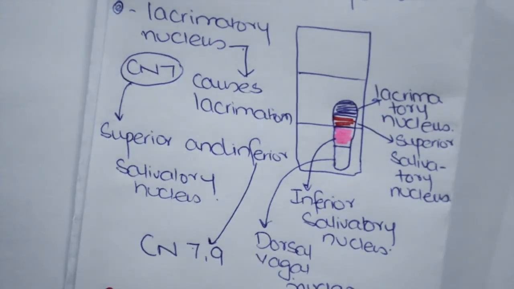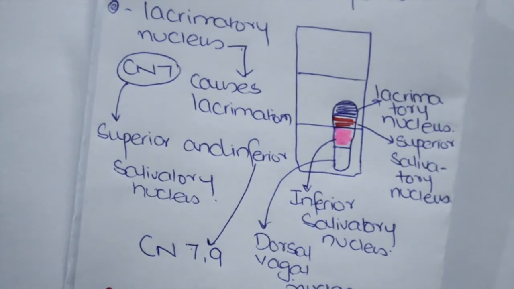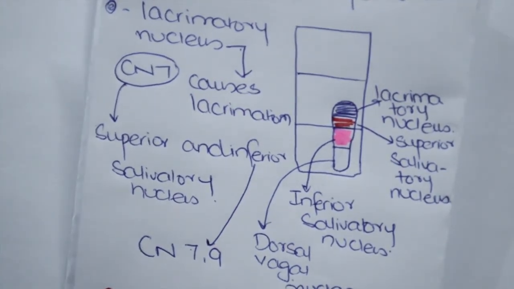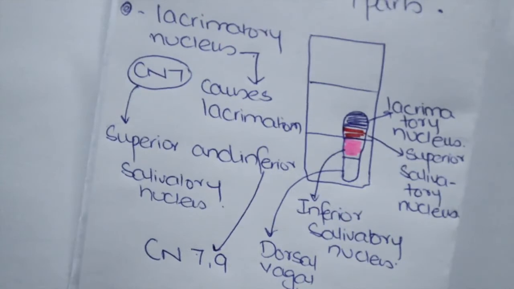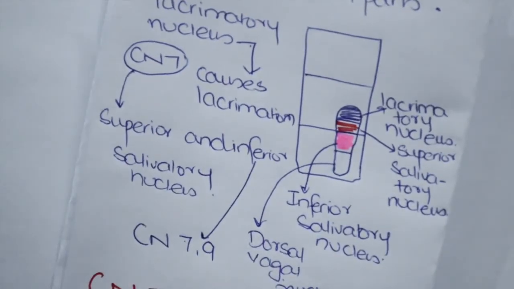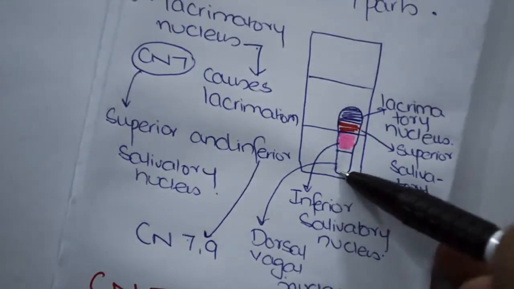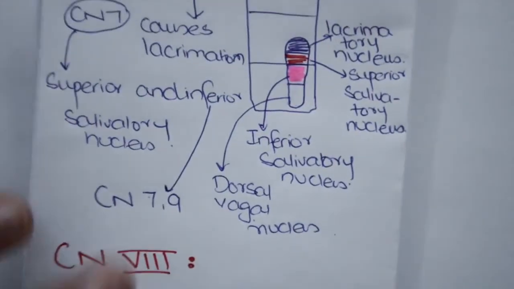Now we have the inferior salivatory nucleus, which is the pink one, and it is a part of the 9th cranial nerve. The last part over here is the dorsal vagal nucleus, and this is of the 10th cranial nerve.